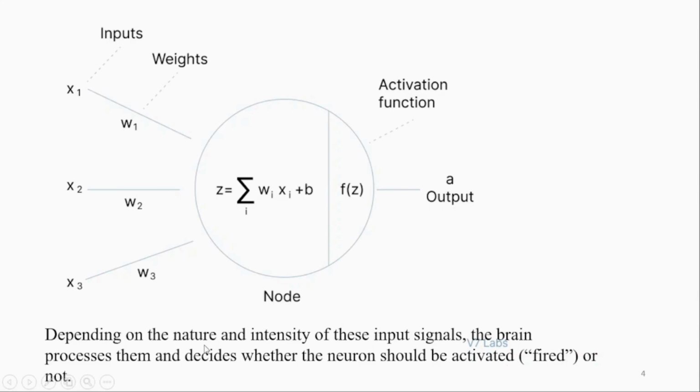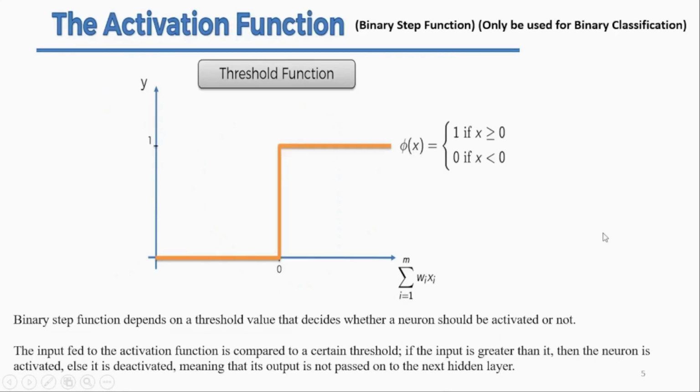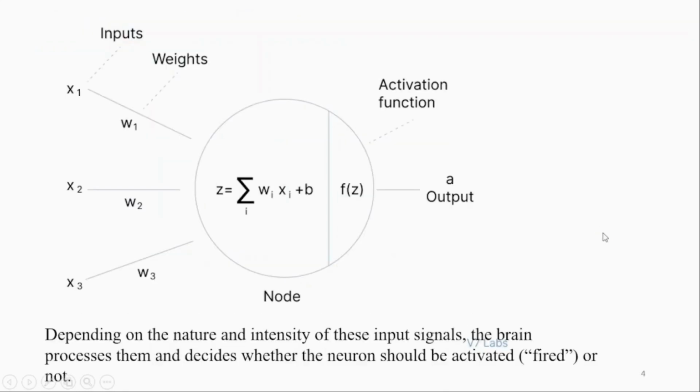This is basically the phenomenon of neural networks inside the brain: based upon the intensity and nature of the inputs, the brain processes them. It means that in the brain there is a replica of activation functions which decides whether the neuron should be activated, fired or not.